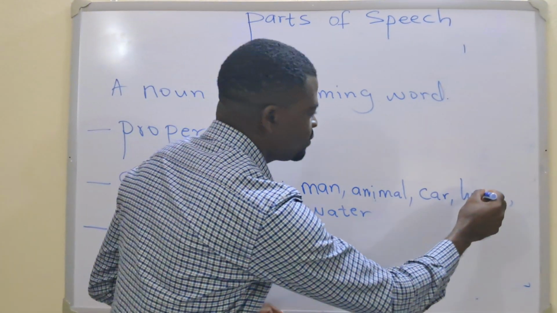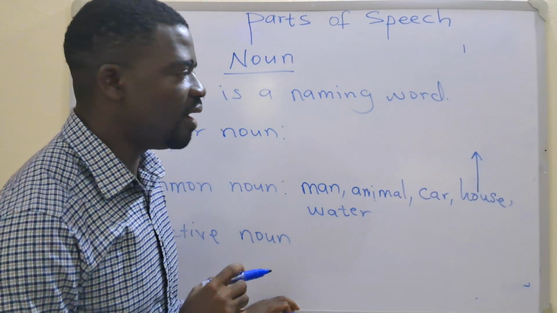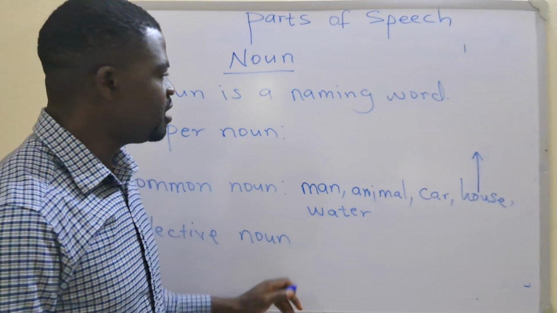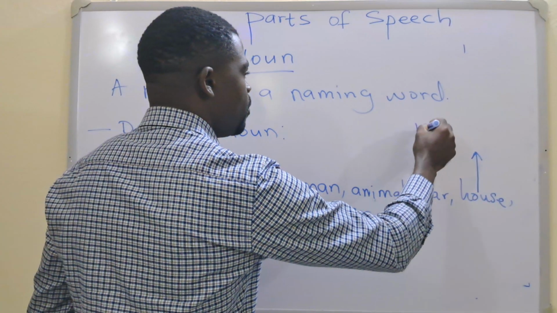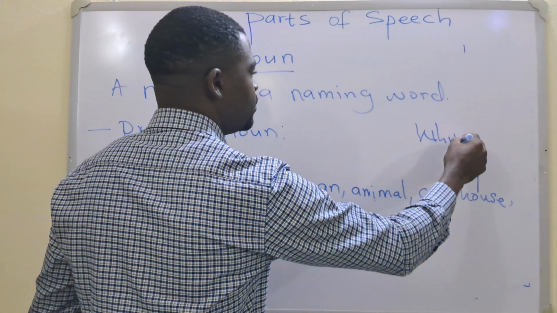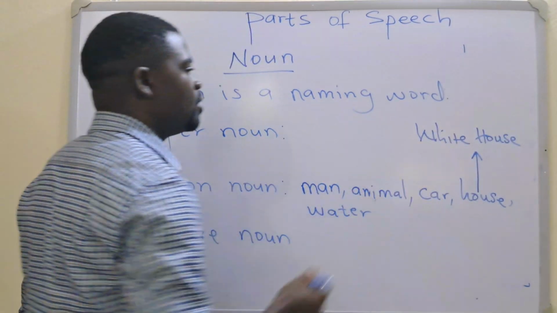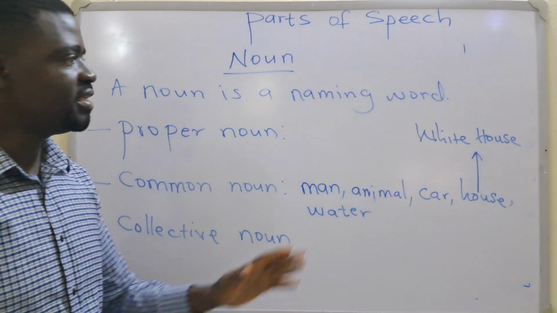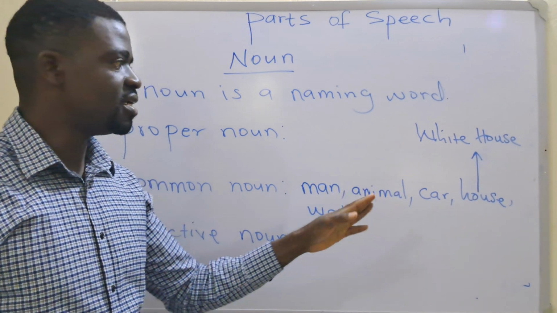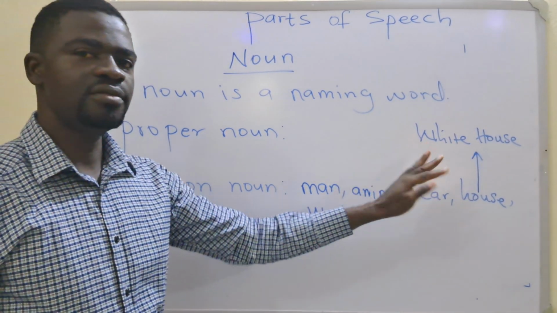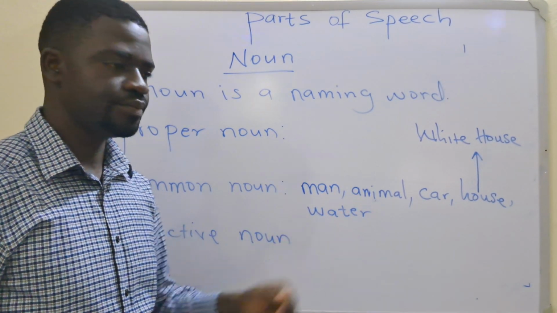But if this house, for example, has a particular name, then it becomes a proper noun. Let's say White House. White House is the residence of the President of the United States of America. So White House becomes a proper noun because it's the name of a particular house.